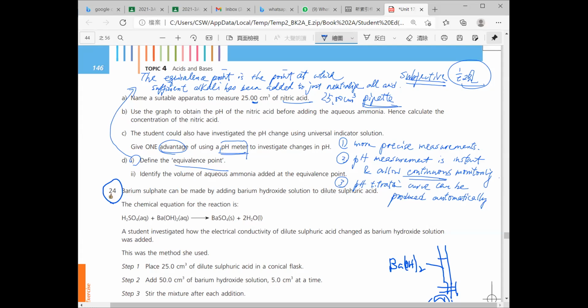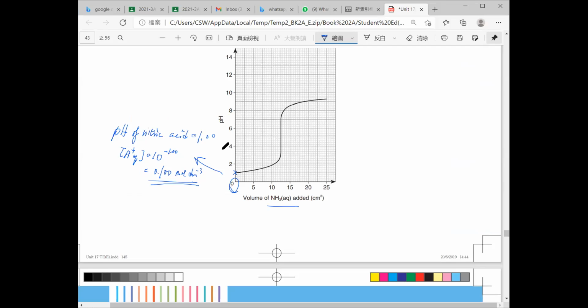Identify the volume of aqueous ammonia added in the equivalence point. Where is the equivalence point? This is exactly where the vertical part of the pH titration curve occurs, right? Check the vertical parts, and you draw a line to locate it. So where is it?